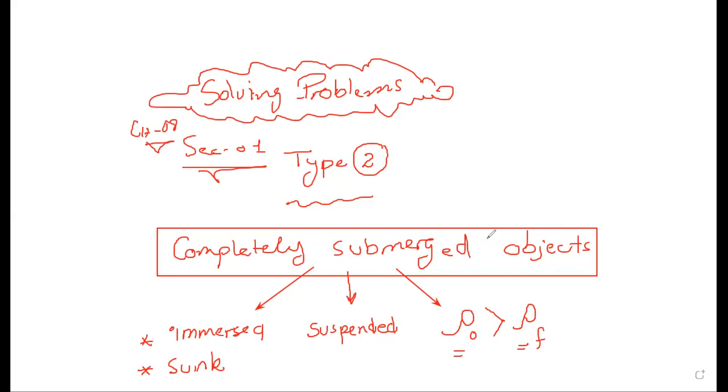When you find that the density of the object is more than the density of the fluid, you conclude, without more thinking, that this is a completely submerged object, because it will not be floating. Also, if the density of the object is equal, but this will be a special case, so we will not talk about it here.